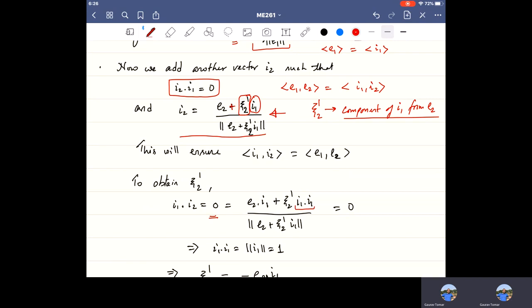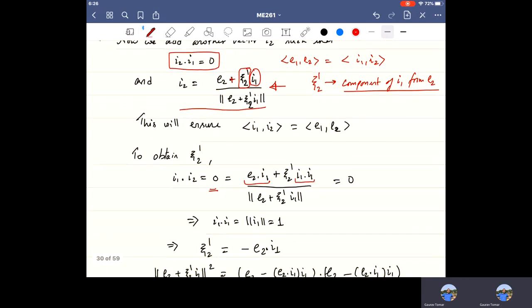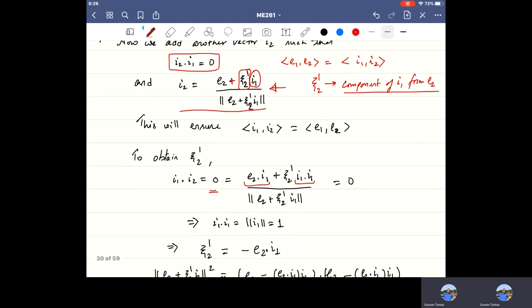Now I1 dot I1 is of course 1, and E2 dot I1 may not be 0. So to remove the component of I1, we need the condition that xi21 should be equal to minus E2 dot I1, and that will make sure that I1 and I2 are orthogonal. Now, once you know the value of xi21, you can normalize I2.